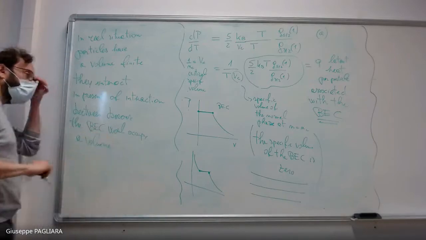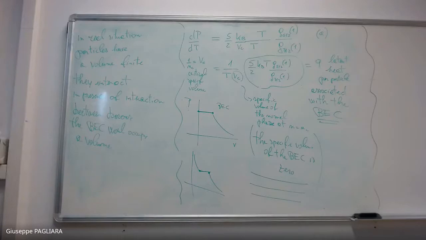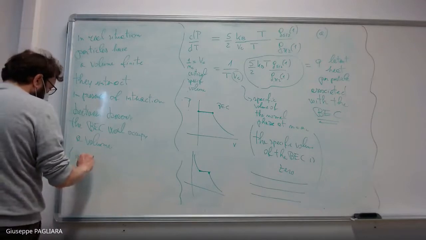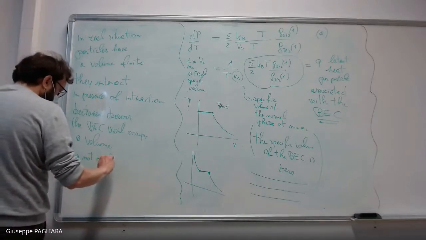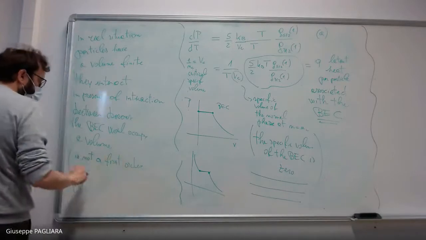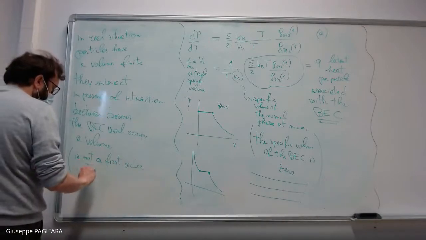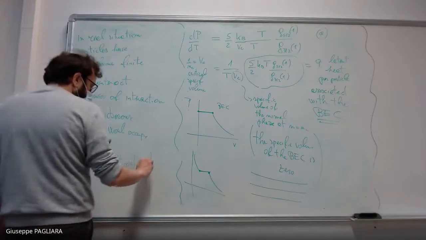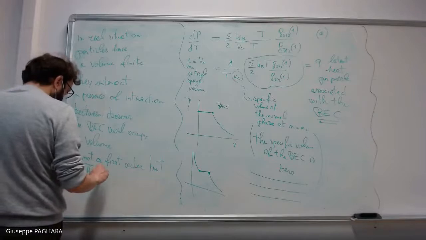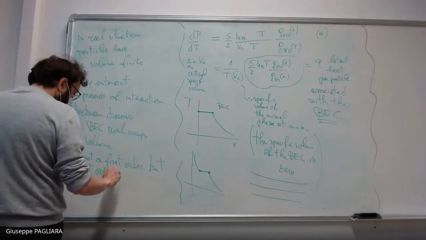And actually, I will comment this later. Actually, it's not even a first order, but it is actually a second order phase transition. And I will comment this later, not today, but next time. Second order phase transition.